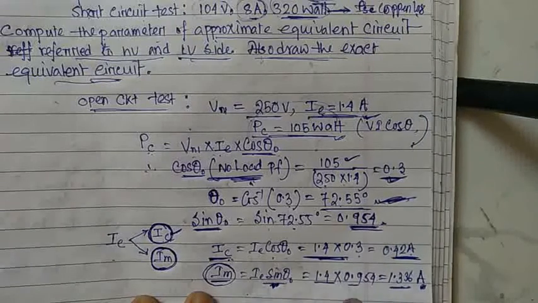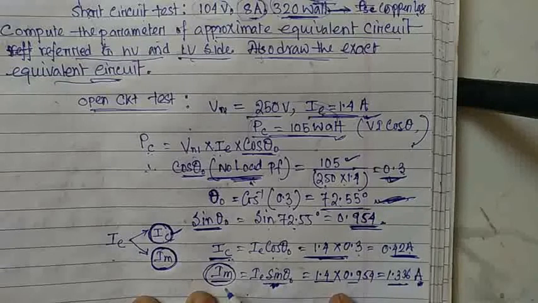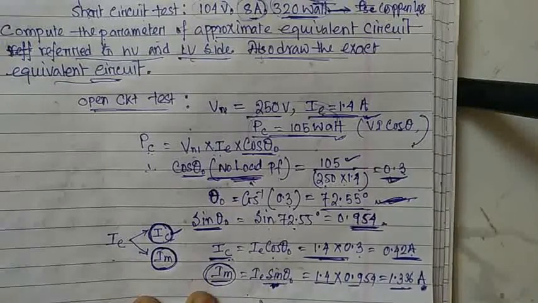From this we simply calculate the core resistance and core reactance. V1 by IC gives RCL, the core resistance, and V1 by IM gives XML, the core reactance.